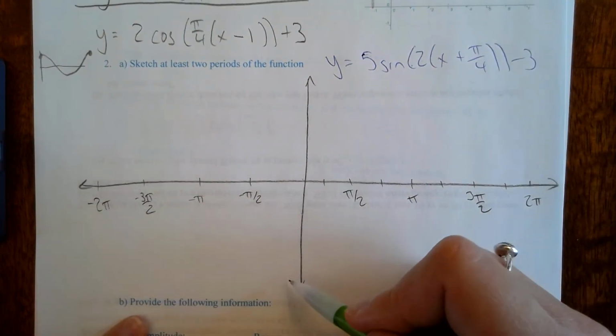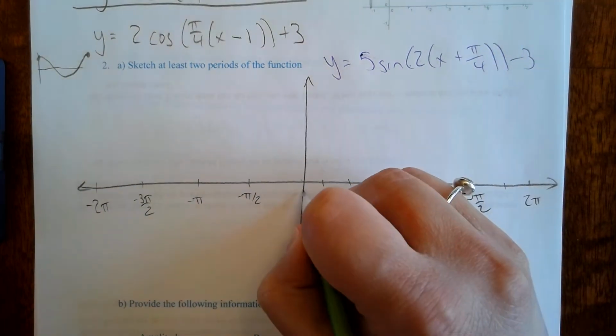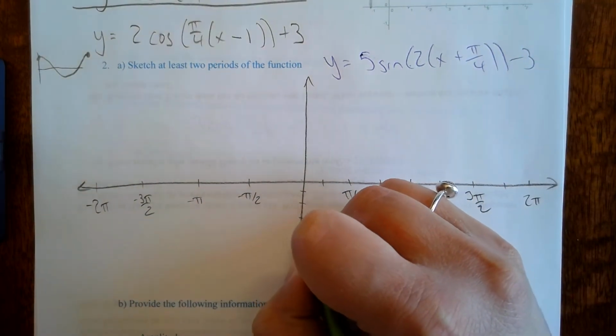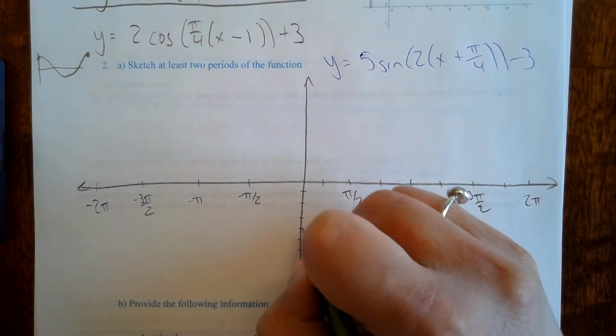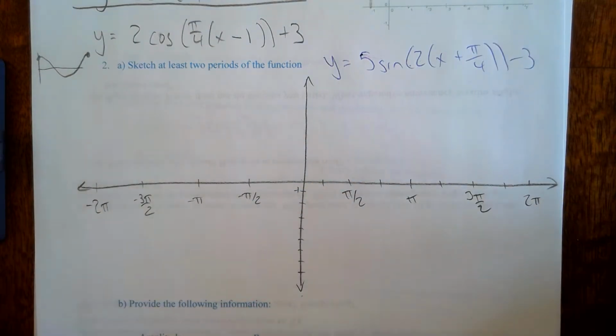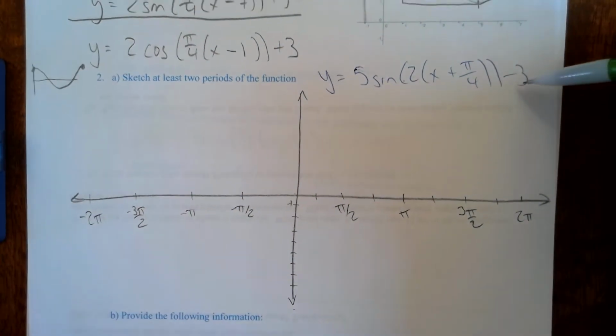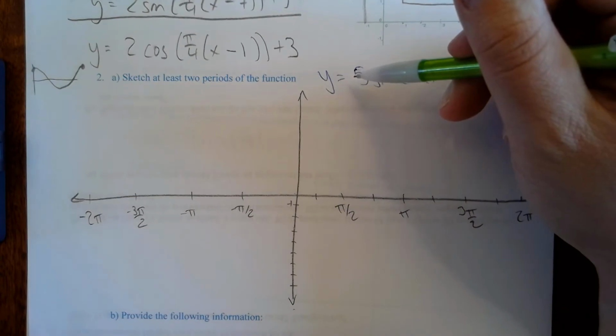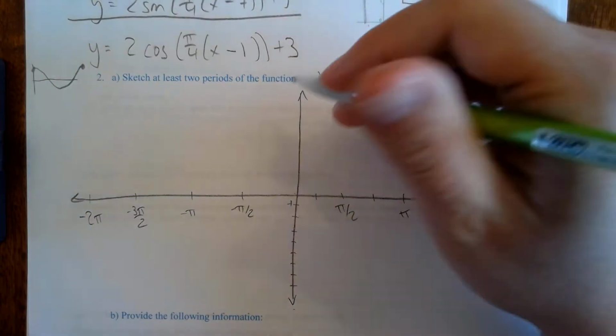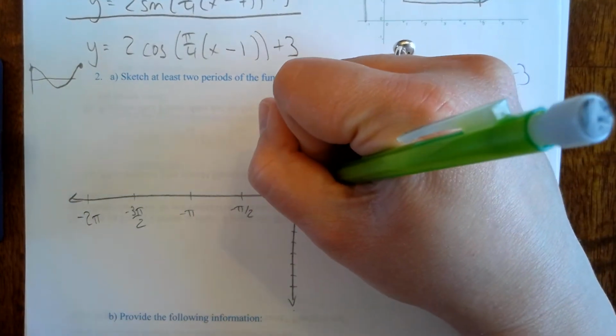So I need to get down to -8 on here. So 1, 2, 3, 4, 5, 6, 7, 8. Let's call that -1. And then my maximum point will be -3 plus 5, which is 2. So 1, 2. Let's call that 1.